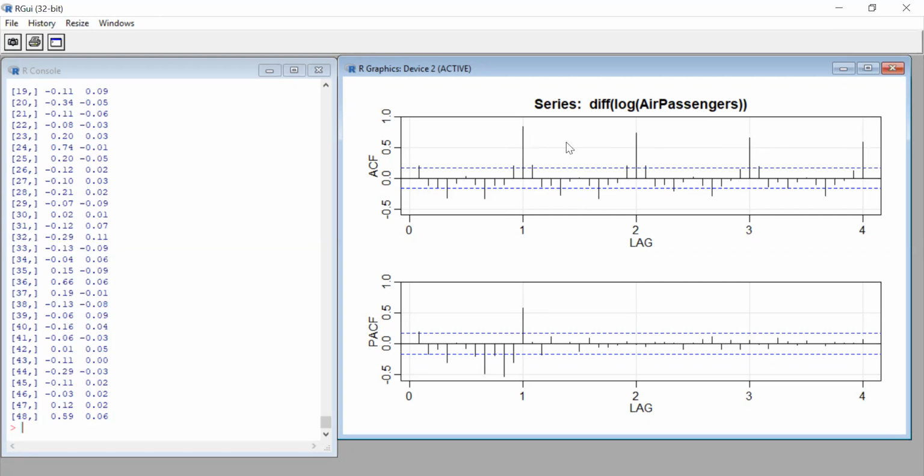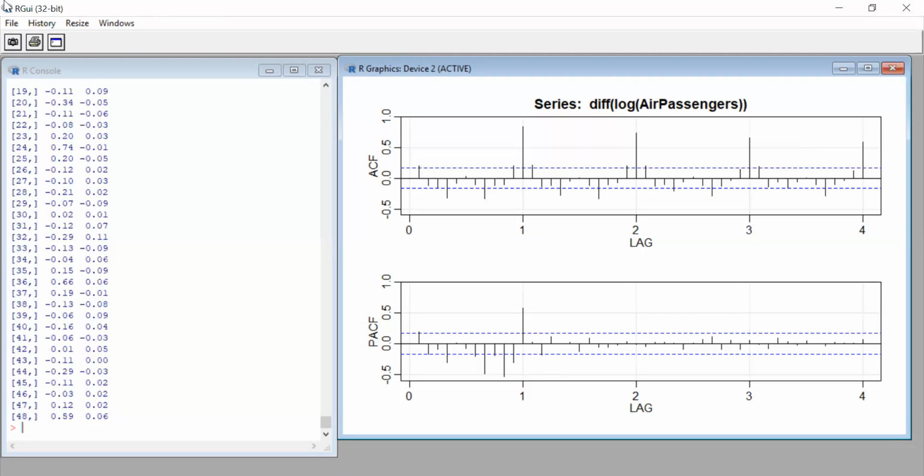So roughly I can say the ACF is decreasing, tailing off, and the PACF has a cutoff at the first year. So what was the trend of this one? Can you remember that? Tails off in ACF and cutoff in PACF.